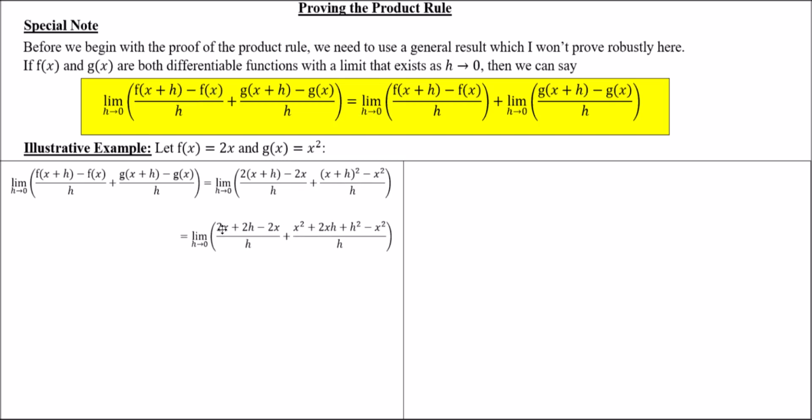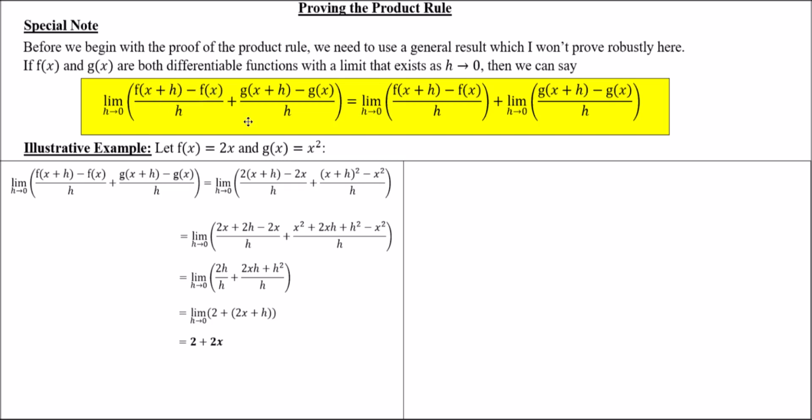As you can see here, these two 2x terms cancel, and x squared cancels with this x squared. We then get this. The h's will cancel on the numerator and denominator here, just leaving us with 2, and over here similarly will give us the limit as h approaches 0 of 2 plus 2x plus h. As h approaches 0, we get that this limit is 2 plus 2x.